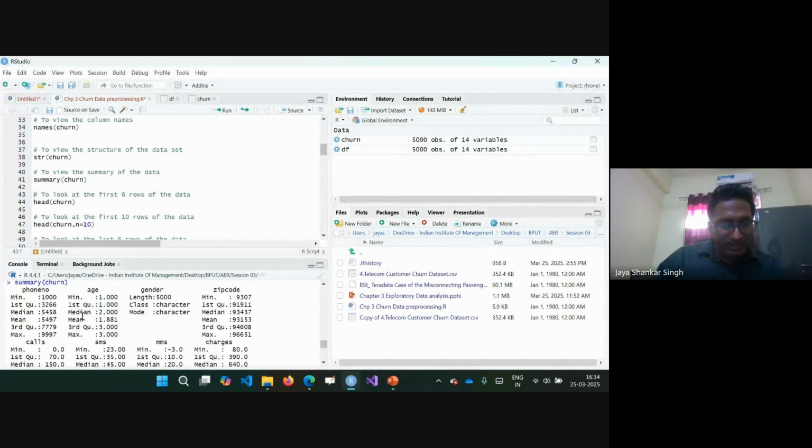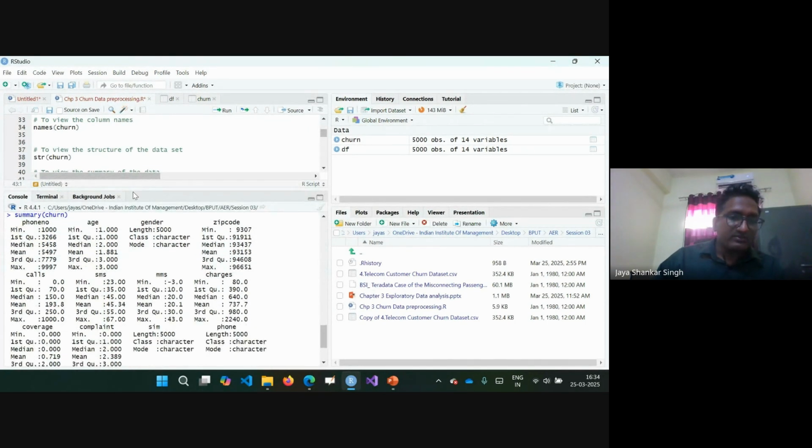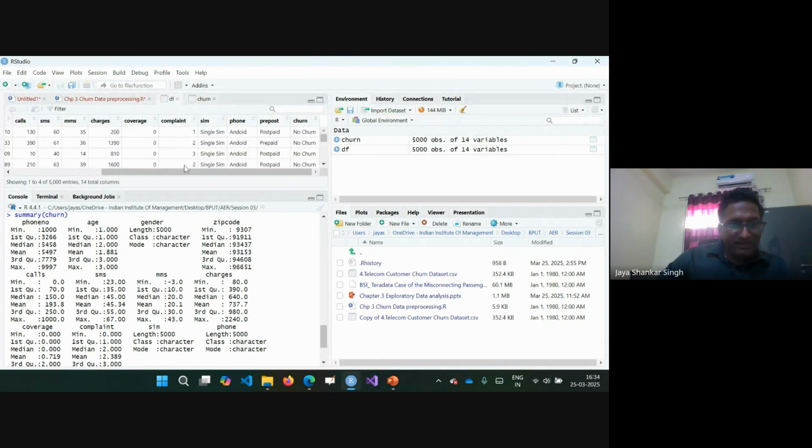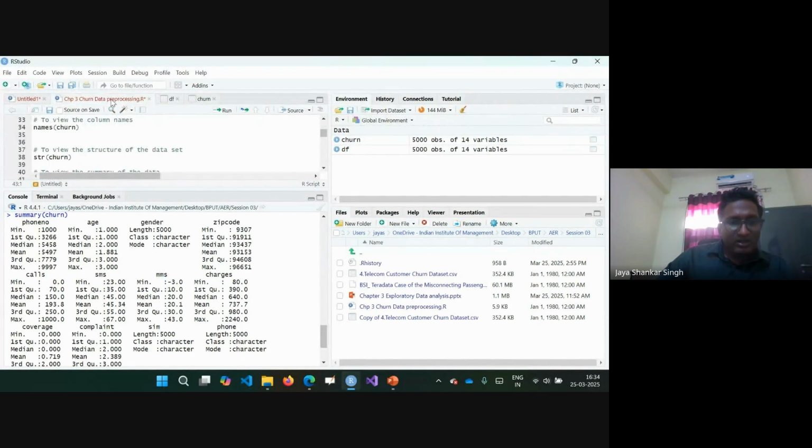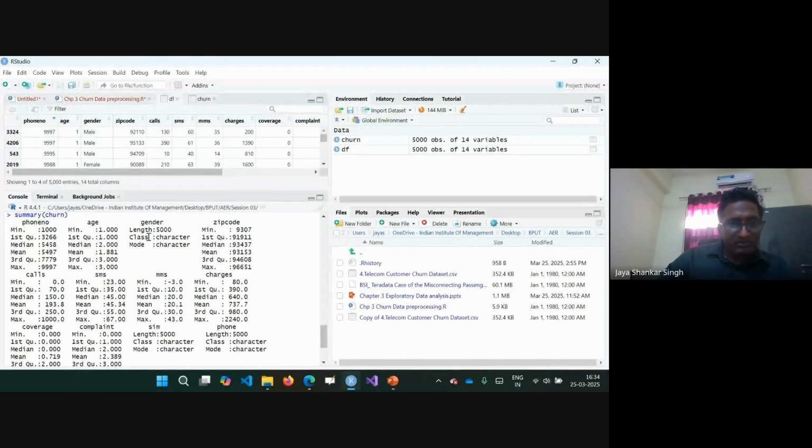Now, if you look at the summary, you will see an interesting thing. For gender, if you look at the data in the gender field, what information have they given you? One is length, how many data are there, and class, character. They have not found the central tendency.